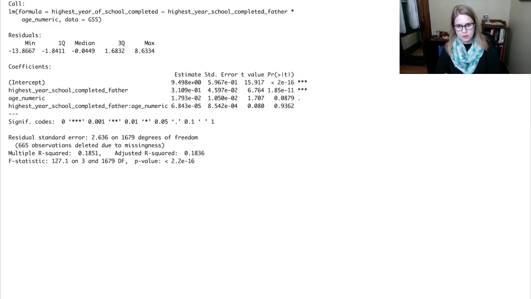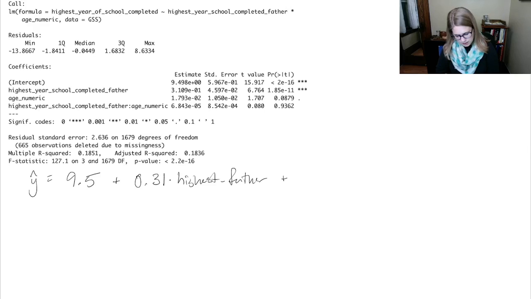I'm going to have to use what I know about R's scientific notation to get these back into easier-to-see decimals. So I'm going to call this y hat equal to 9.5, let's round, plus, and this one on the highest year school completed father has an e minus 1, so it's going to be 0.31 times highest father.